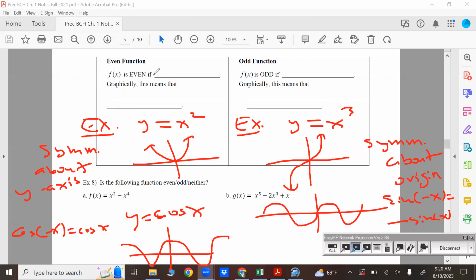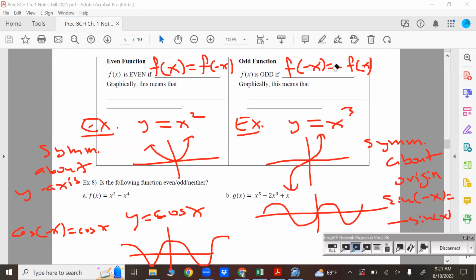It's even if this happens, if f of x equals f of negative x. But here, f of negative x equals negative f of x. There's a sign change. Okay. And you can put a negative here if you wanted to.